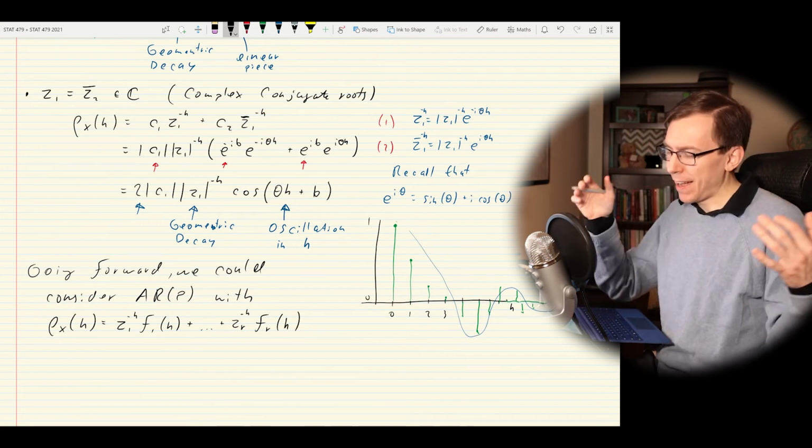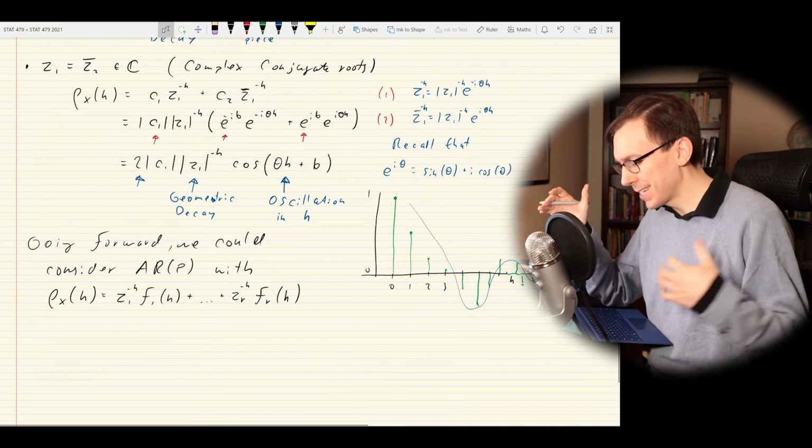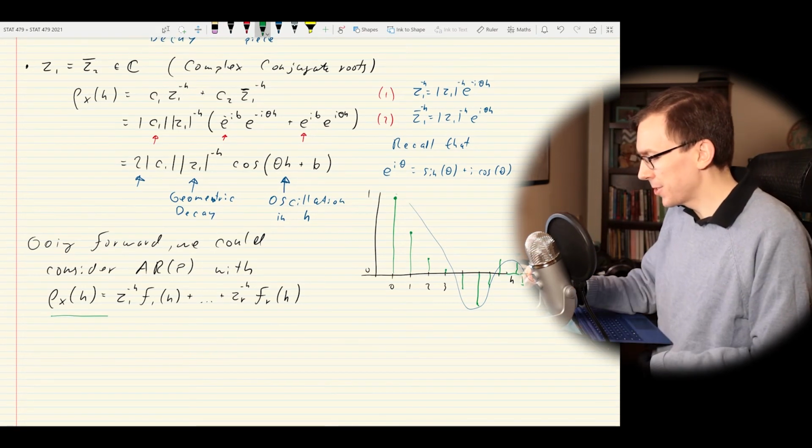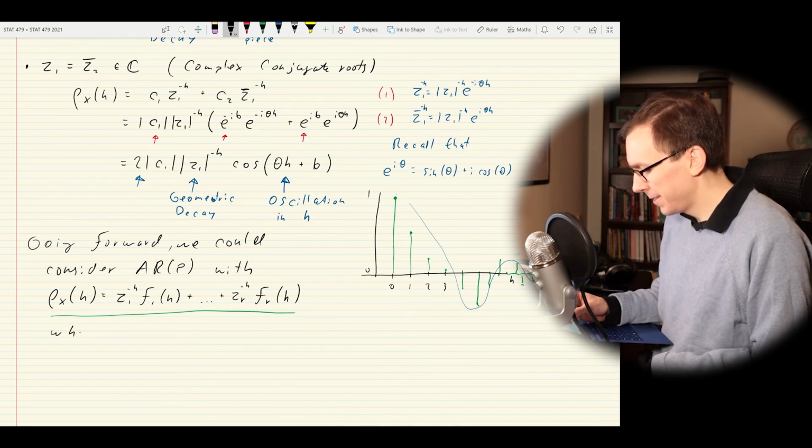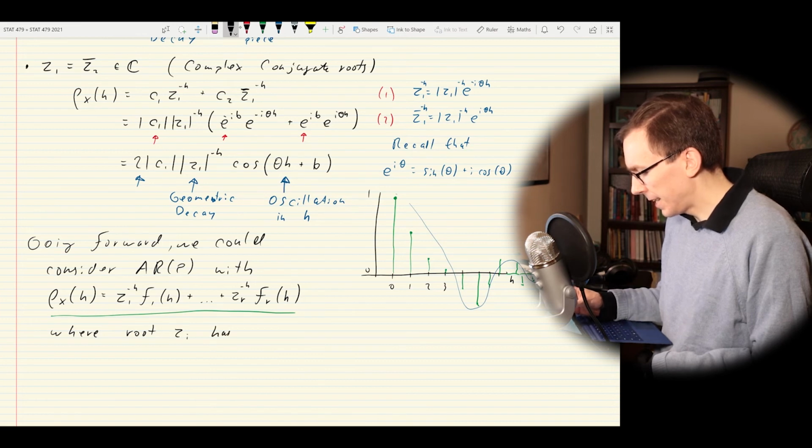So the point is that if I had a general AR(p) process, I could write down some equation that looks like this, where root Zi has multiplicity mi.